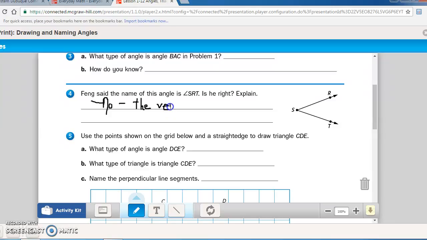Make sure if I'm writing it, you're writing it. Remember, my writing is not that great because I'm doing it with my cursor here.